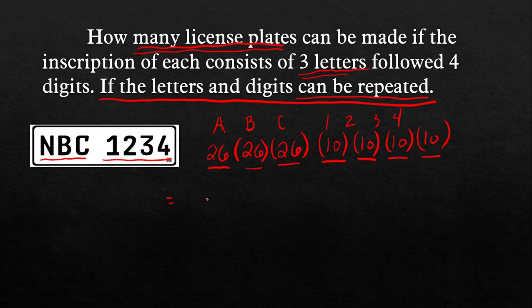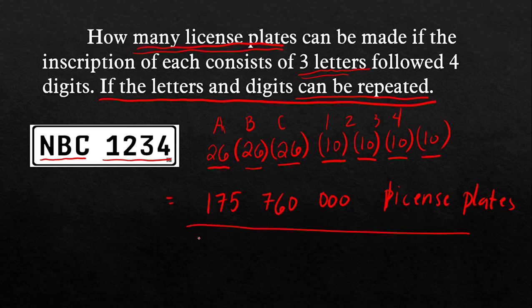That is 175,760,000 possible license plate numbers that can be made. So you have 175,760,000 license plates that can be made in this problem.